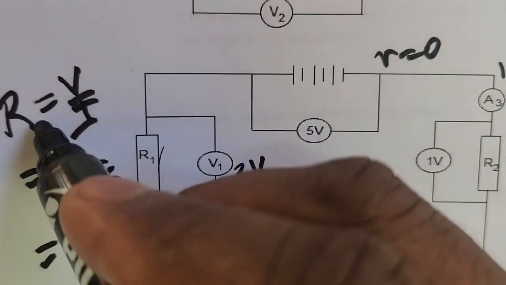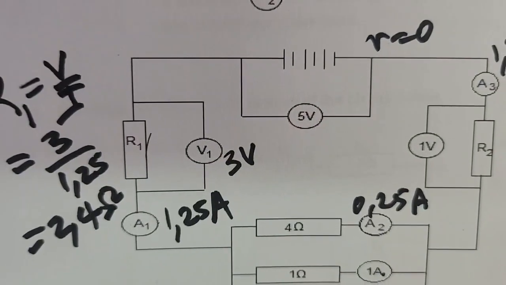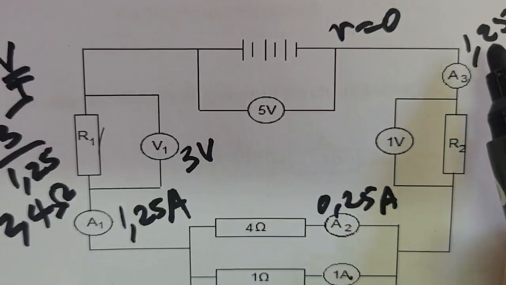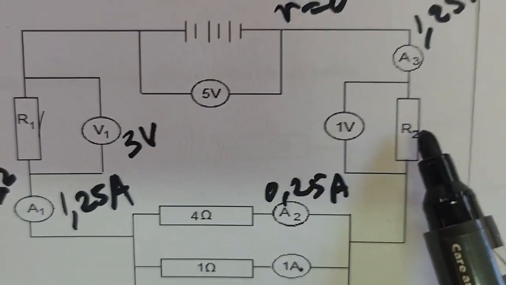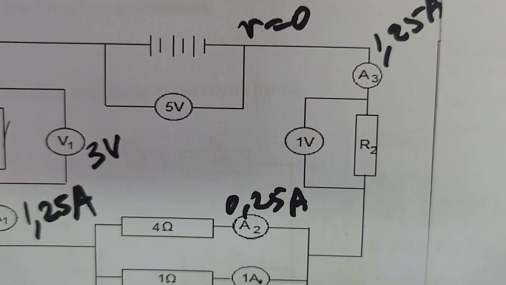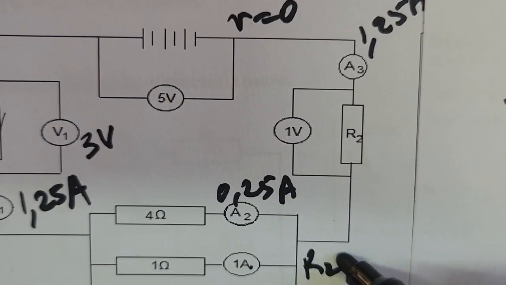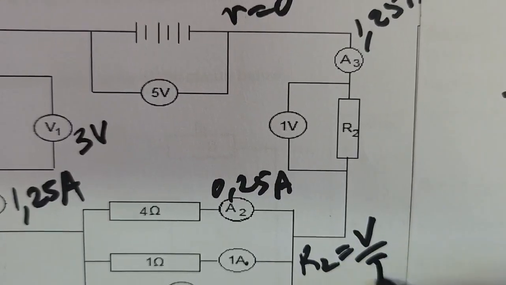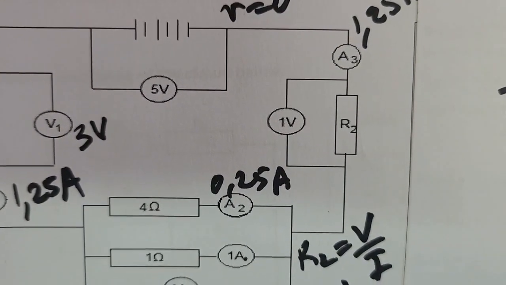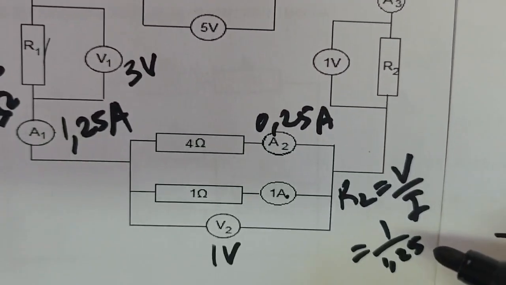R1 will be 2.4 ohm. What else don't we know? We don't know R2, but we know this is 1 volt and this is 1.25. So obviously we can calculate R2 in this case. R2 will be the same as V over I, which is 1 over 1.25 in this case. I hope you can see that one.